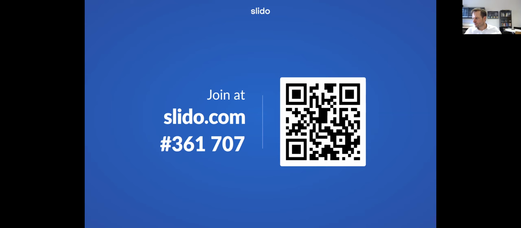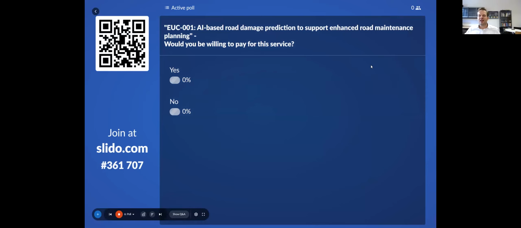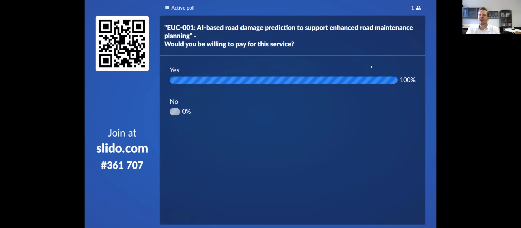The question is always the same, just for the four different use cases. I would suggest considering the major use cases for the end user we have heard. Would you be willing to pay for such a service?